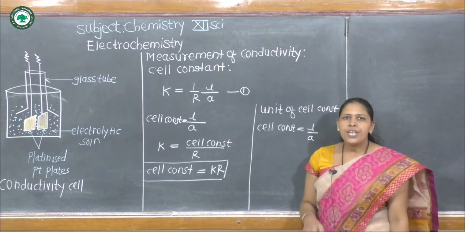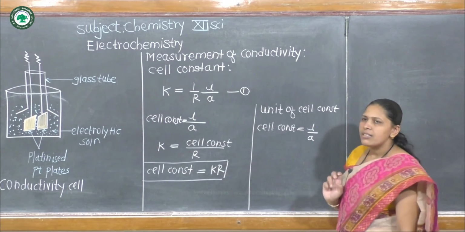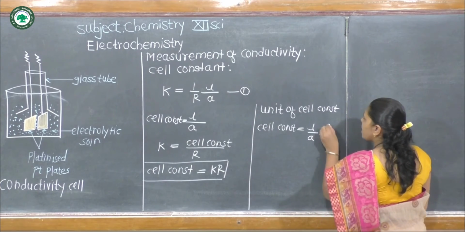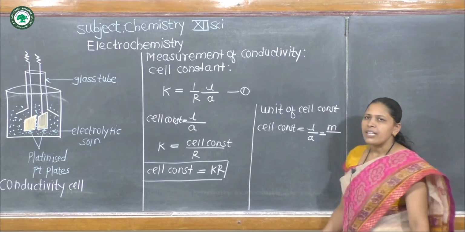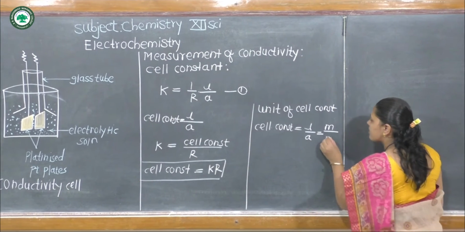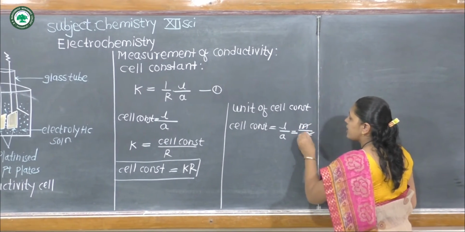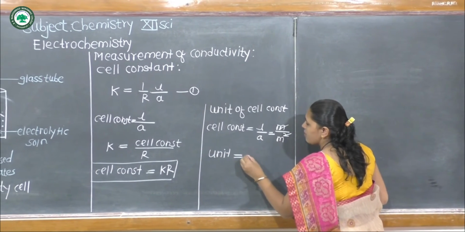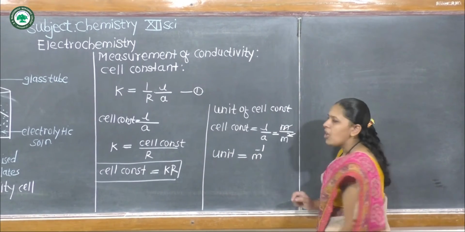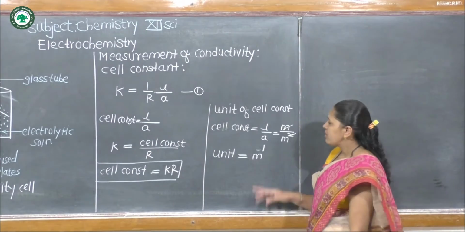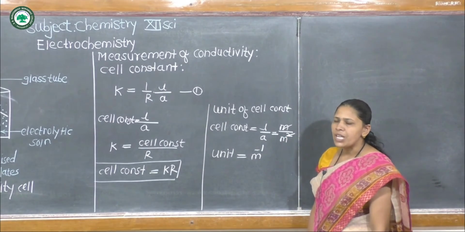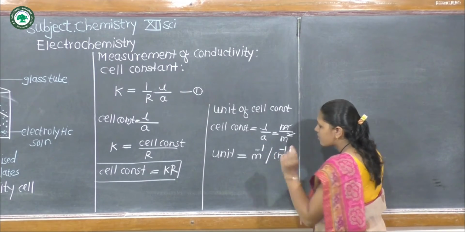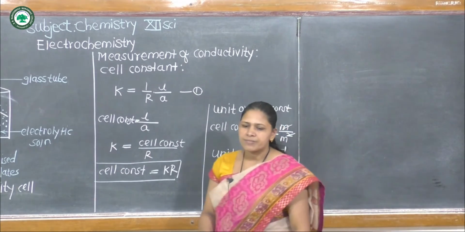If we measure length or distance of separation between two electrodes in meter and area in meter square, then one meter gets cancelled and the unit of cell constant is meter inverse. Or if we measure distance of separation between two electrodes in centimeter and area in centimeter square, then another unit for cell constant is centimeter inverse.